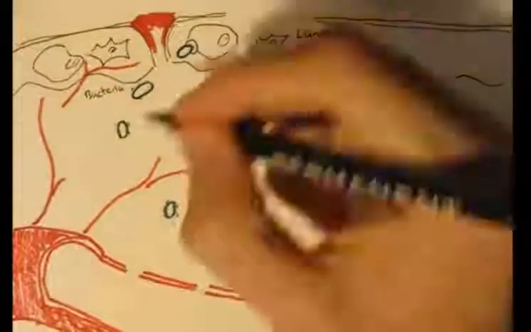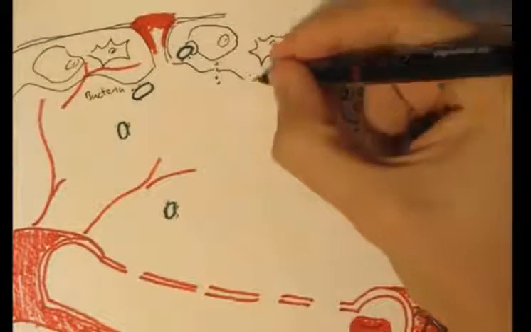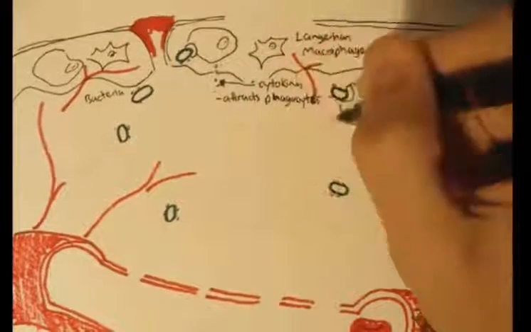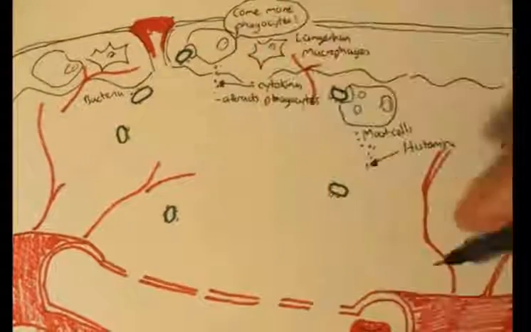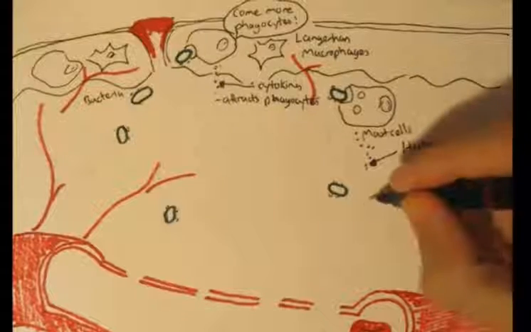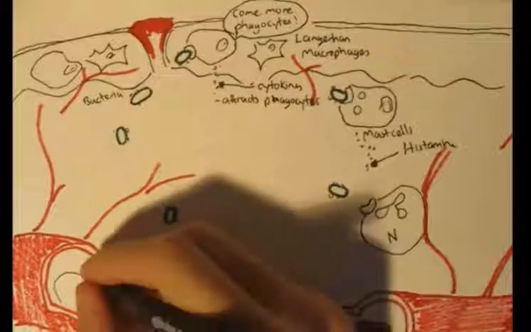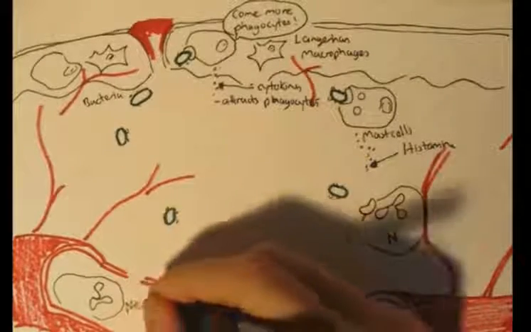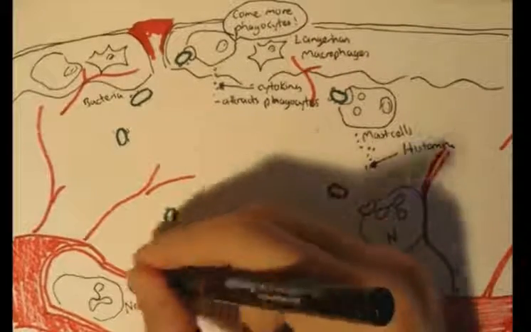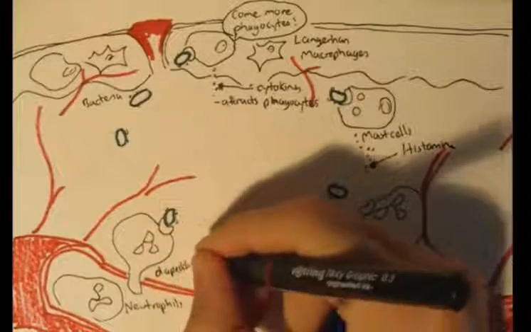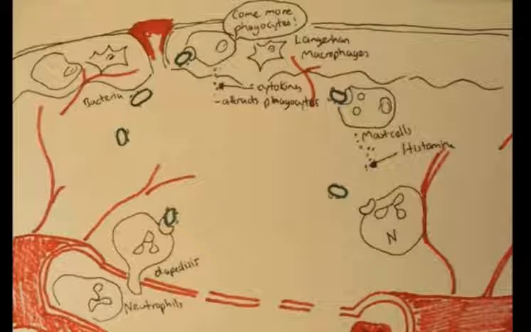And the binding of bacteria to phagocytes causes the phagocyte to secrete various cytokines, which increase vascular permeability and attract more immune cells to the area, such as neutrophils, the most abundant leukocyte and phagocyte in the body. Remember that these neutrophils come from the blood vessels through a process called diapedesis or emigration. Click on the link to learn more about this process.